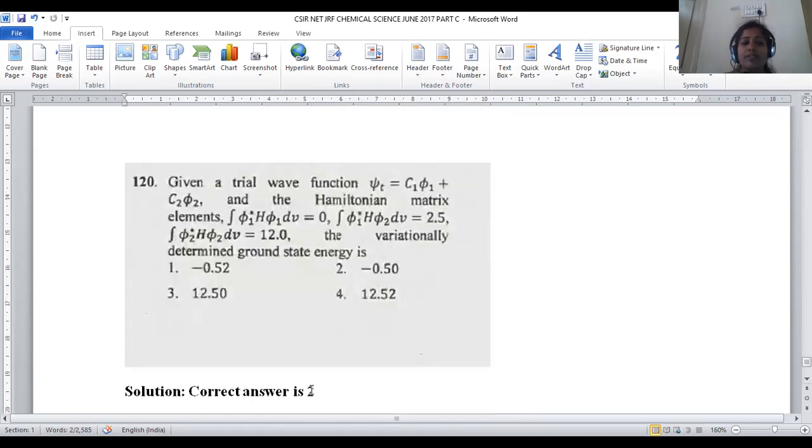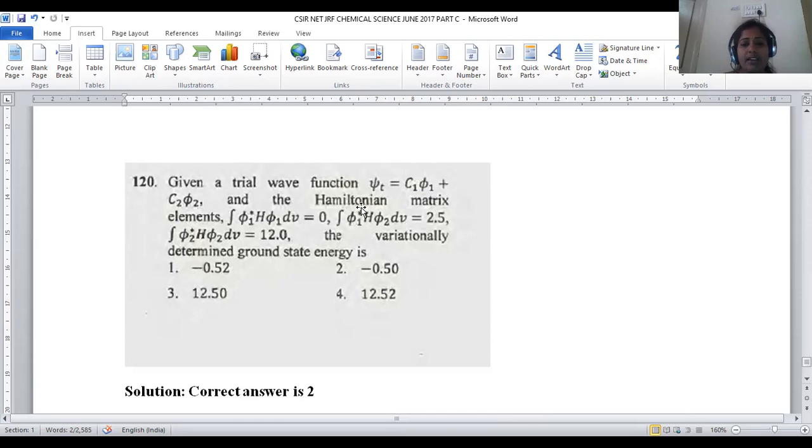Let us move on to question number 120. This is the last question of the series. Given a trial wave function, psi t is equal to C1 pi 1 plus C2 pi 2, and the Hamiltonian matrix elements: integration pi 1 star H pi 1 dv is equal to 0.